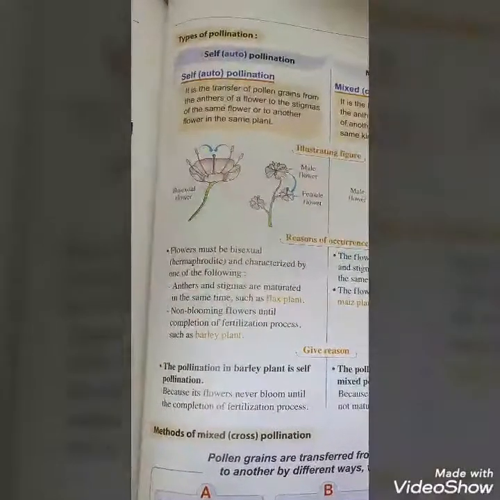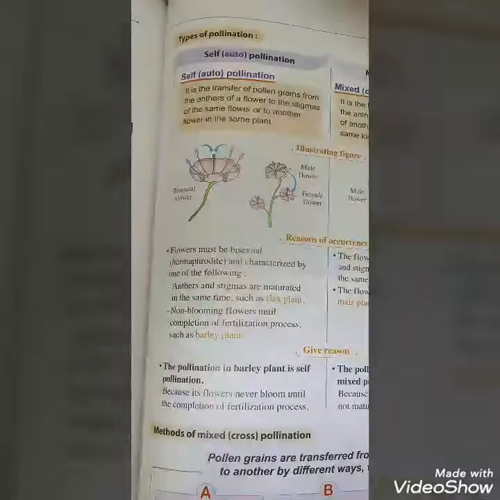Let's start with defining self-pollination or auto-pollination. It is a transfer of pollen grains from the anther of a flower to the stigma of the same flower or to the stigma of another flower on the same plant.